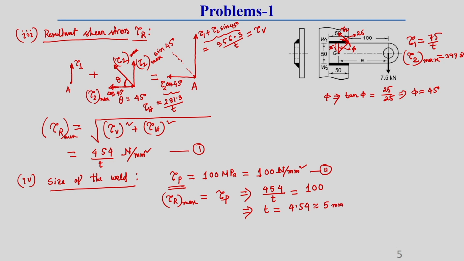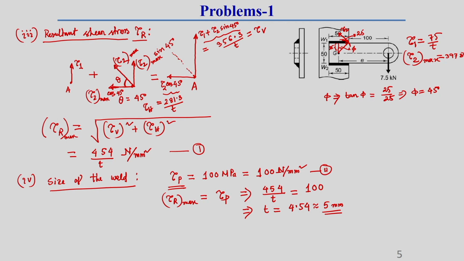So, the throat thickness of this weld should be 4.54, or you can say 5 millimeter, not less than 4.54. This you should keep. It can be a little bit higher, then we will be on the safer side. It should not be less than 4.54.